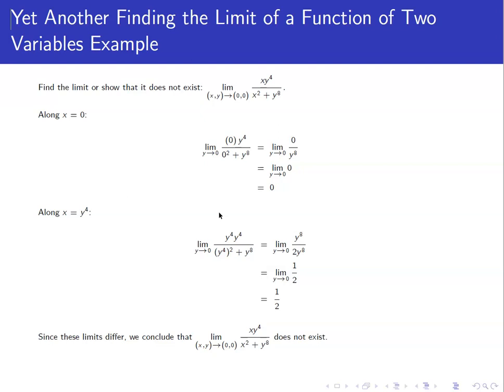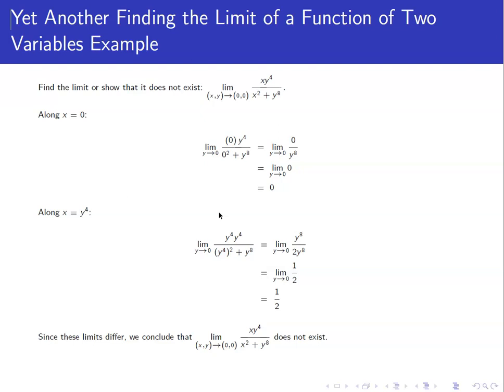If I go under the premise that the limit doesn't exist, then I probably need to find a couple of different paths that we can approach the point we're interested in and show that we get two different answers for limits. Well, one easy way to approach (0, 0) is to let either x or y be 0 and see what happens. In this case, I let x equal 0.